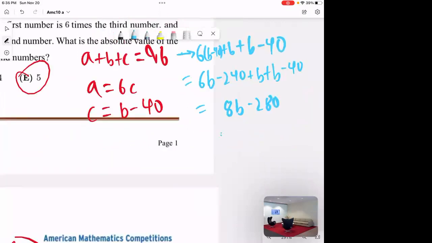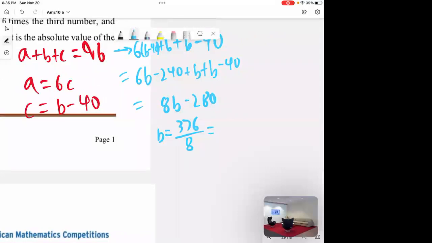So B is equal to 280 plus 96 over 8, which is 376 over 8, which is equal to 47.